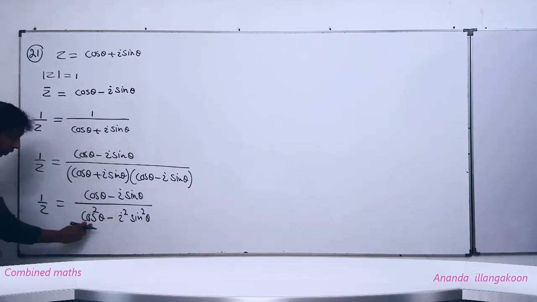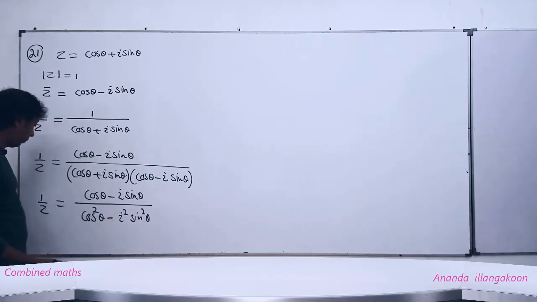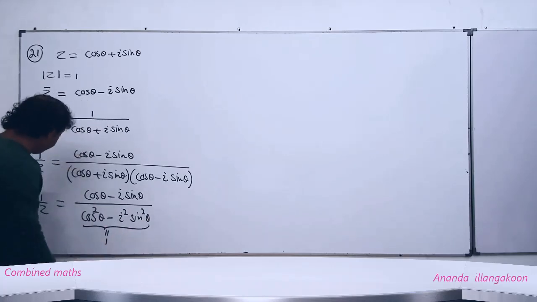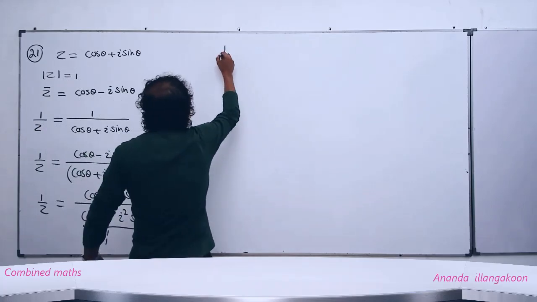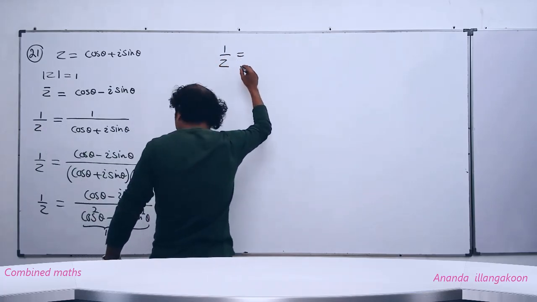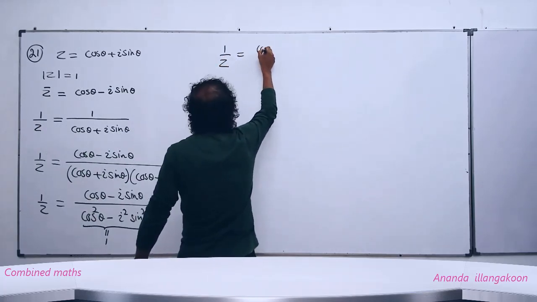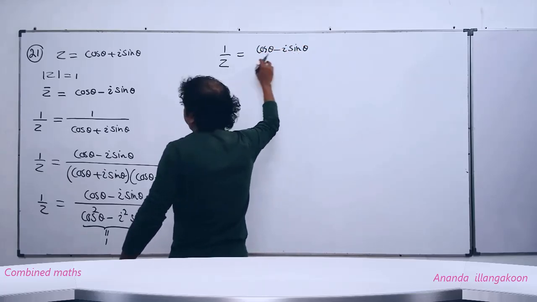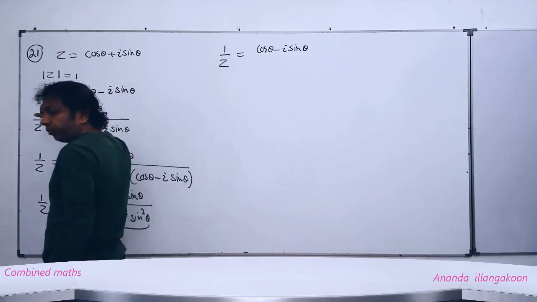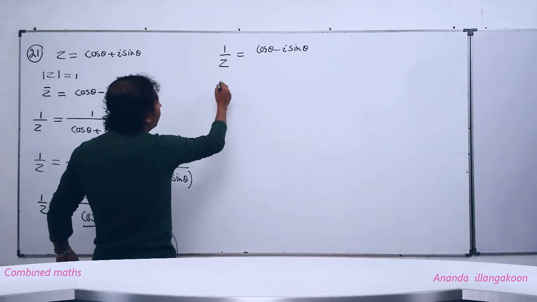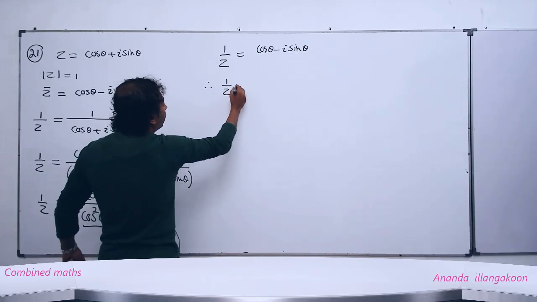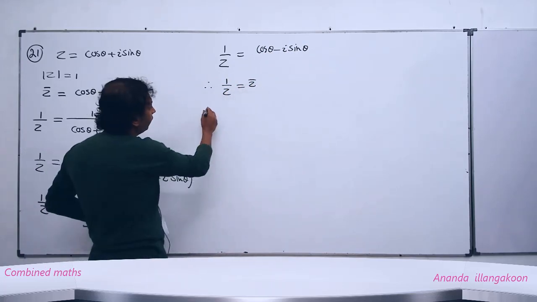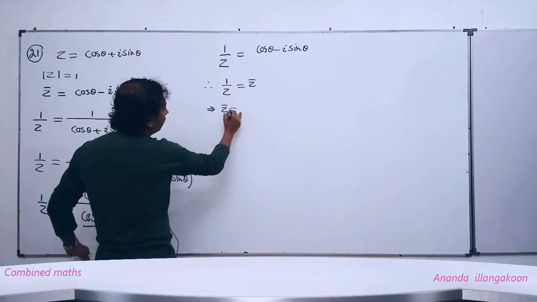Then we get cos squared theta plus sin squared theta, which is 1. Then we get 1 upon z as cos theta minus i sin theta, and that is nothing but z bar. So therefore, 1 over z is equal to z bar. This gives us z bar is equal to 1 upon z.